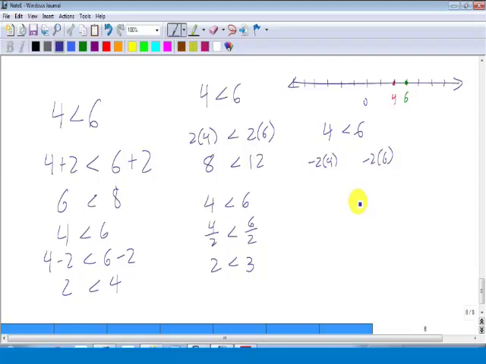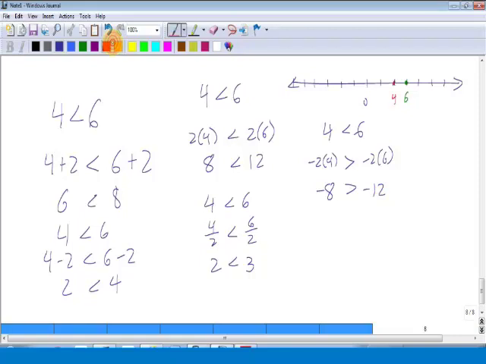If we put a less than, is it still true? No. This is the case where it becomes necessary, right at the moment where we multiply both sides by a negative number, to reverse the direction the inequality symbol happens to be pointing. Negative 8 is actually greater than negative 12. It's to the right of negative 12.